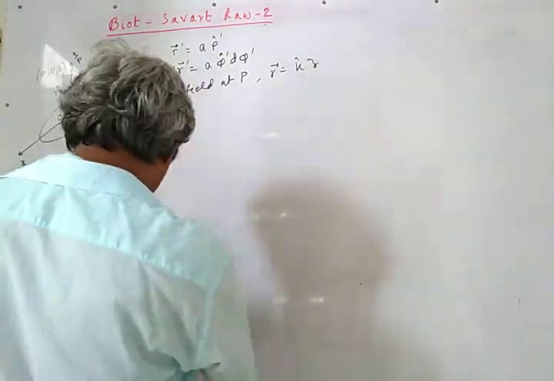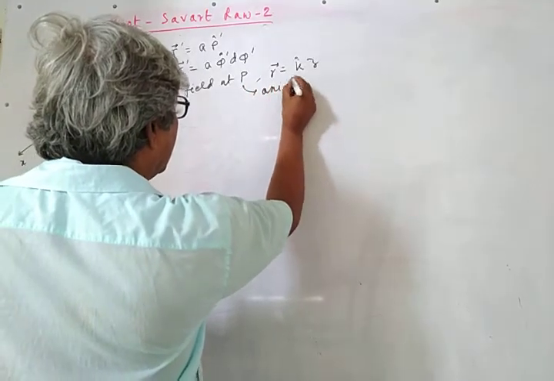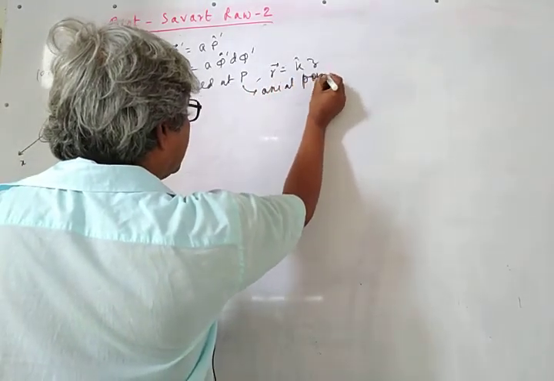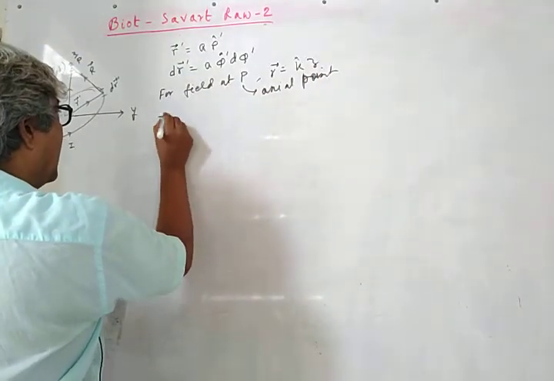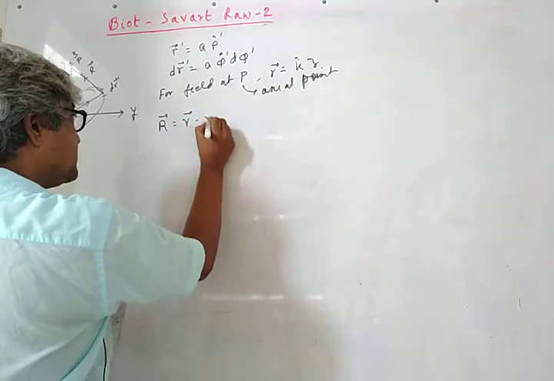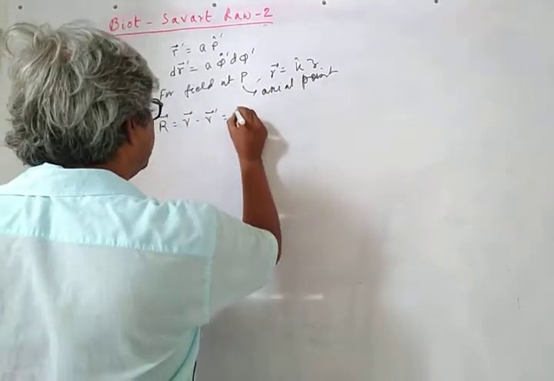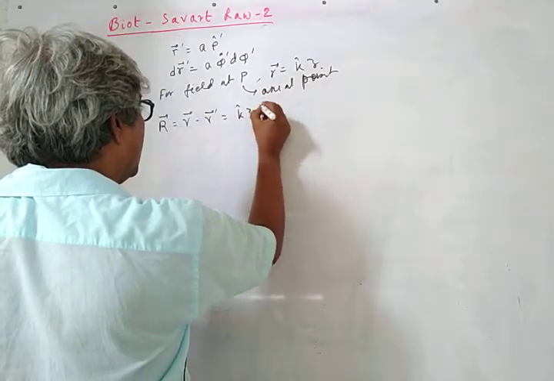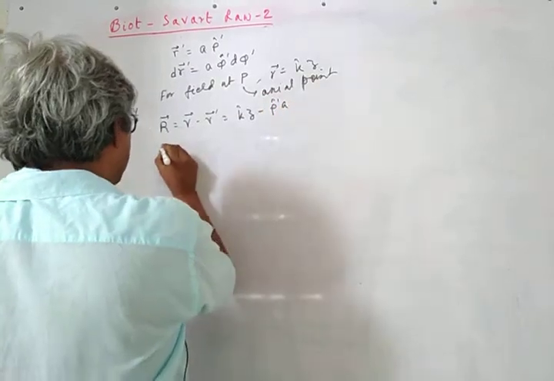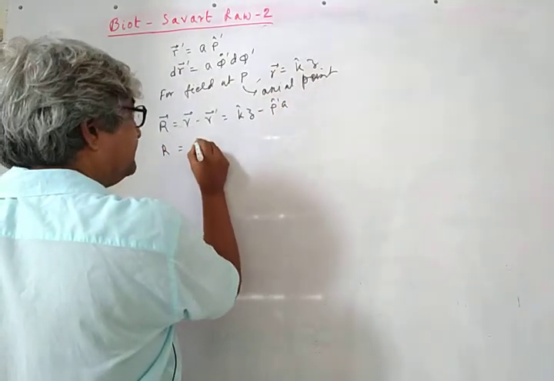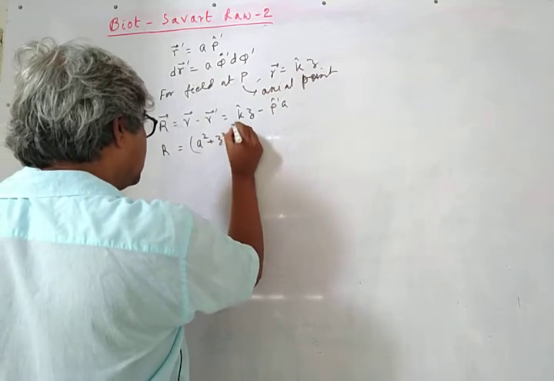So, field at an axial point. This is an axial point. In this case we have R equal to r minus r prime, and the magnitude of R is (a square plus z square) to the power 3 by 2.